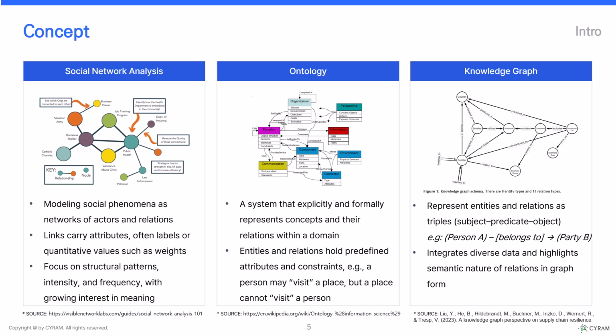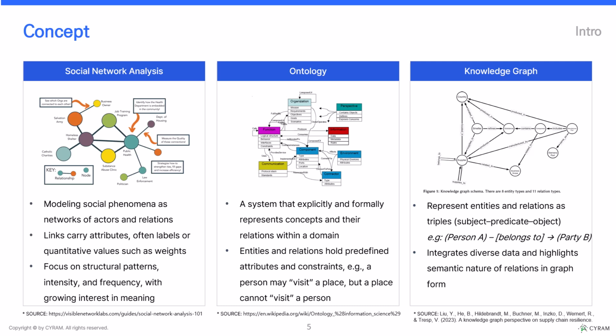The rules are set in advance, like a person belongs to a party, a person proposes a policy, or a party governs a state. But if you flip it around and say a policy proposes a person, that's just wrong. Because it gives meaning and rules, it also lets you reason out new connections. If A belongs to Party X and Party X governs State Y, then you can infer that A is part of the governing party of State Y.